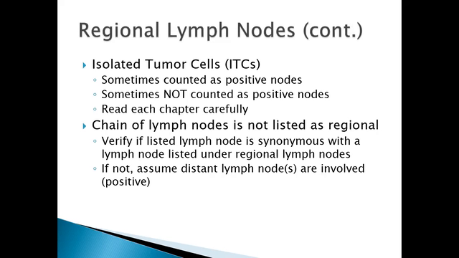For the AJCC staging, there are even different notations that we make to state whether it was ITC positive or not. Because when we didn't have these staining tests available, there are surely people 15 years ago that had breast cancer who had those ITCs, but we just didn't know it.